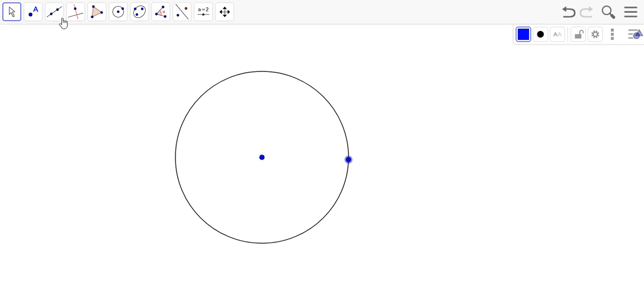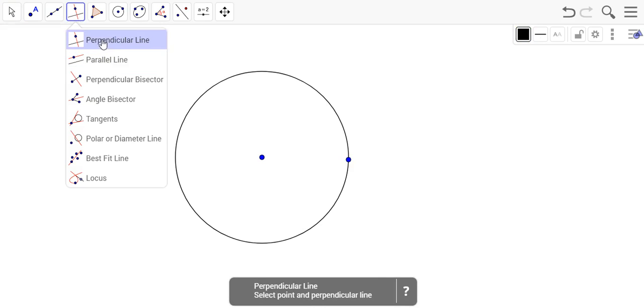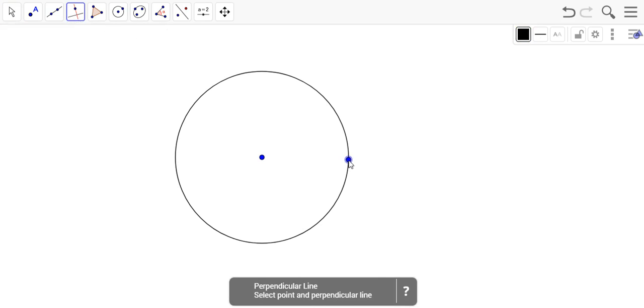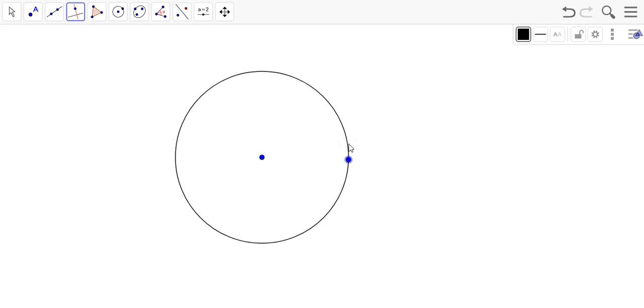Now, from here, we're going to do a little construction. We're going to form a tangent line through this particular point. We're going to assume that this is kind of the initial side of an angle, the x-axis, if you will. So we're going to form a perpendicular line through this point and this curve.